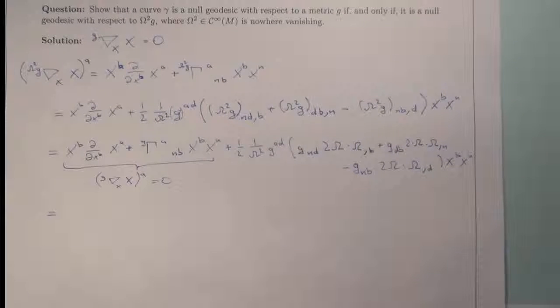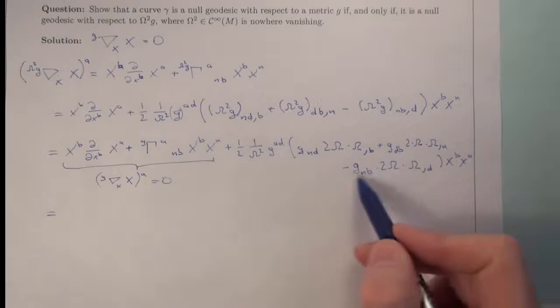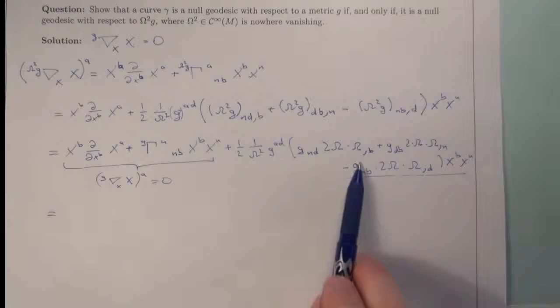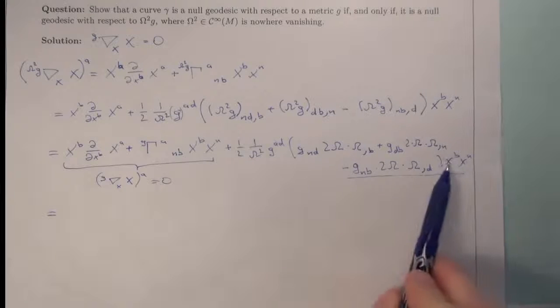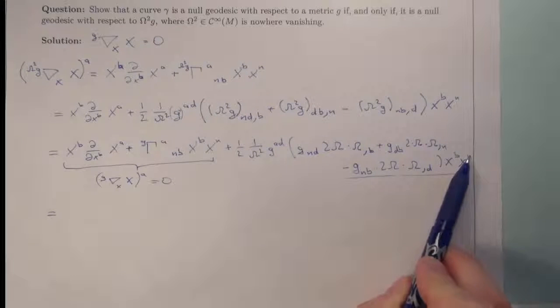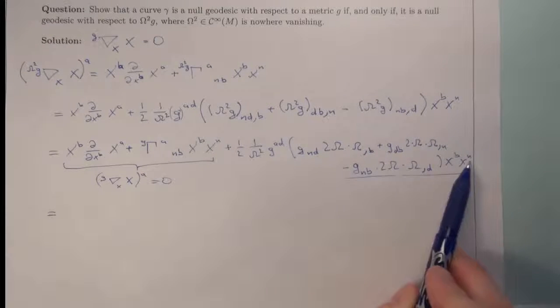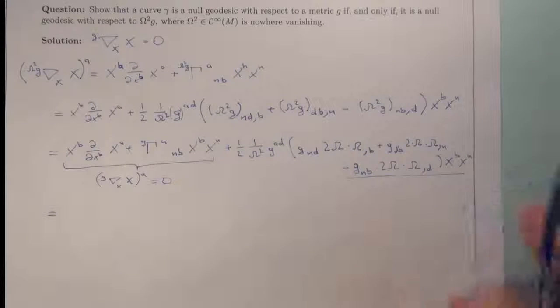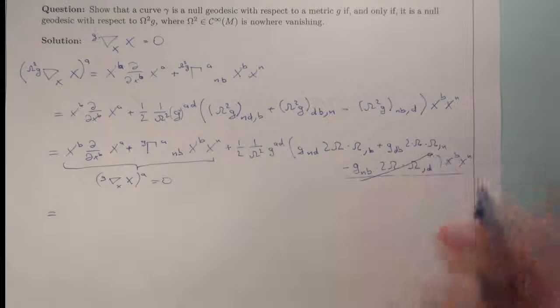So in the right part we may have a closer look at the last term here, this is basically gNB xb xn. But gNB xb xn is just the length of the curve. And since we started from null geodesics, this one is gone as well.